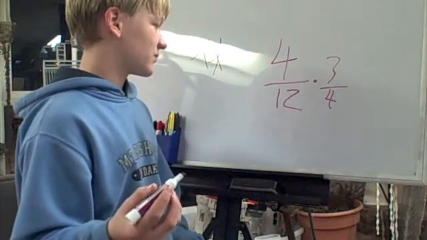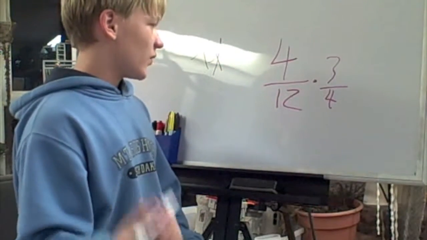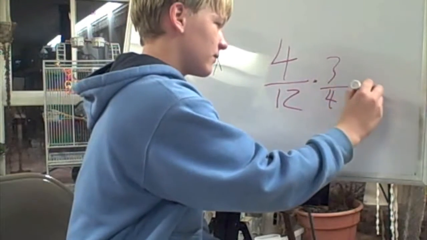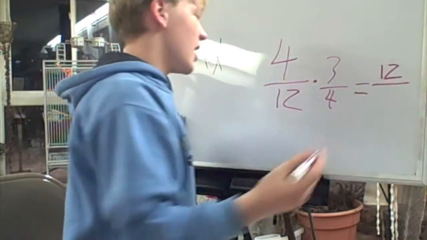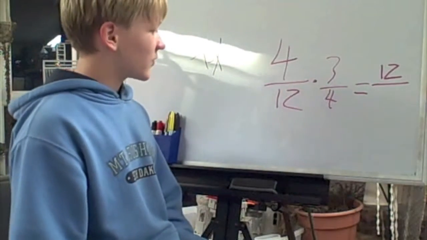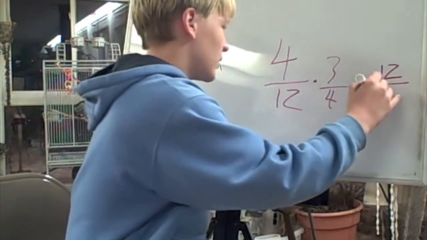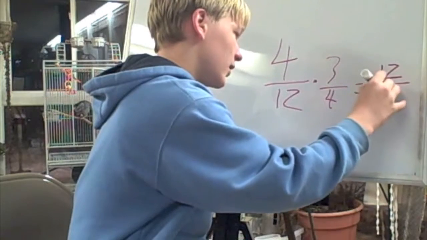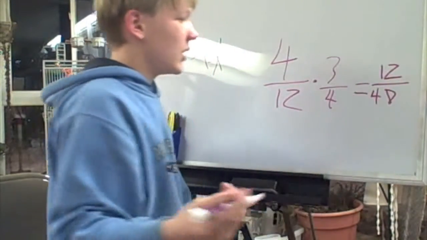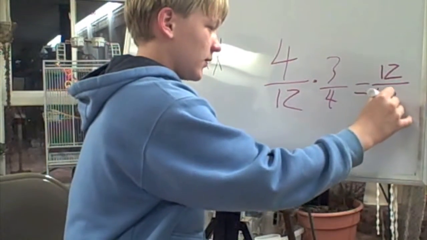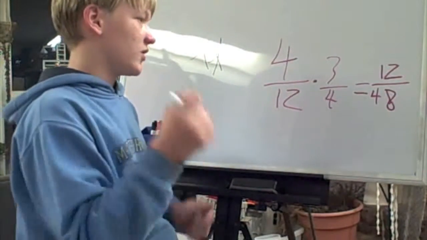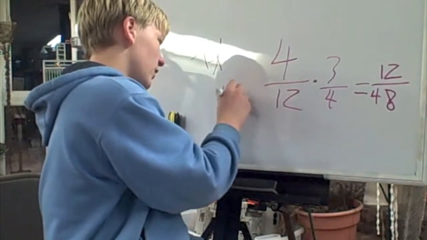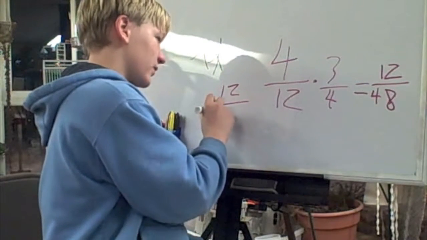And so, you'd say 4 times 3 is 12. And then 12 times 4 would be 48. Okay. So now that you have that answer, then you'd simplify. I always start by cutting it in half.